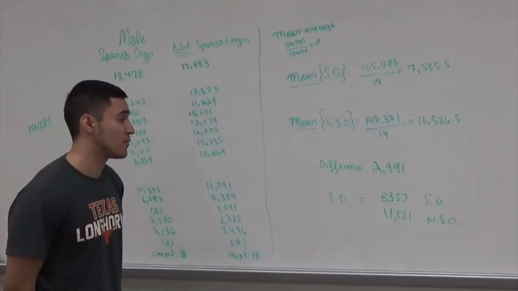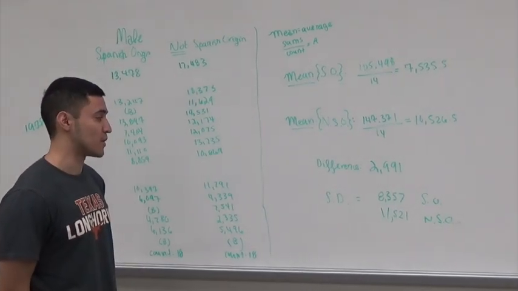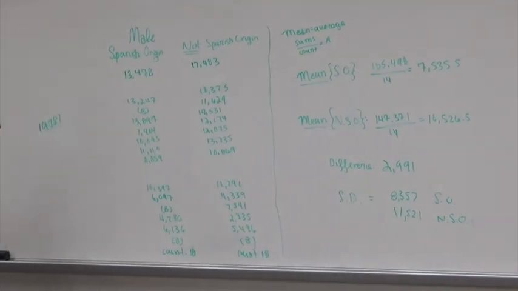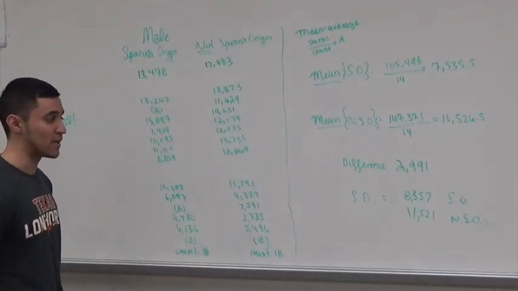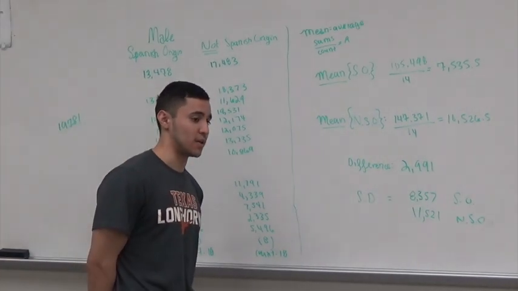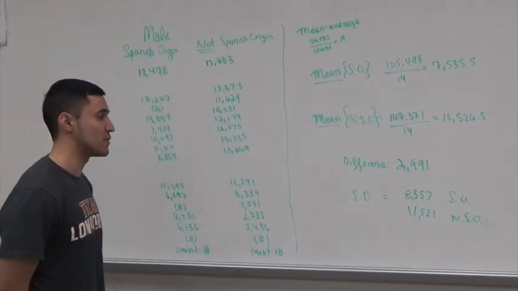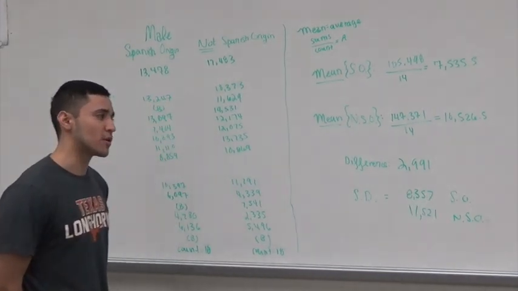And the standard deviation for the Spanish origin workers is 8,357, while for the not Spanish origin workers is $11,521.